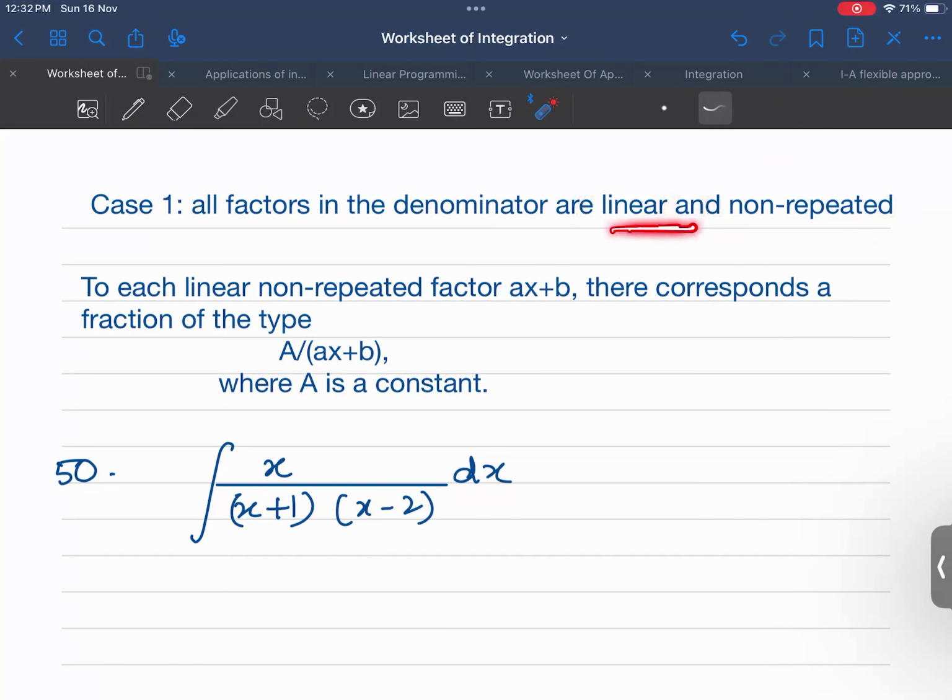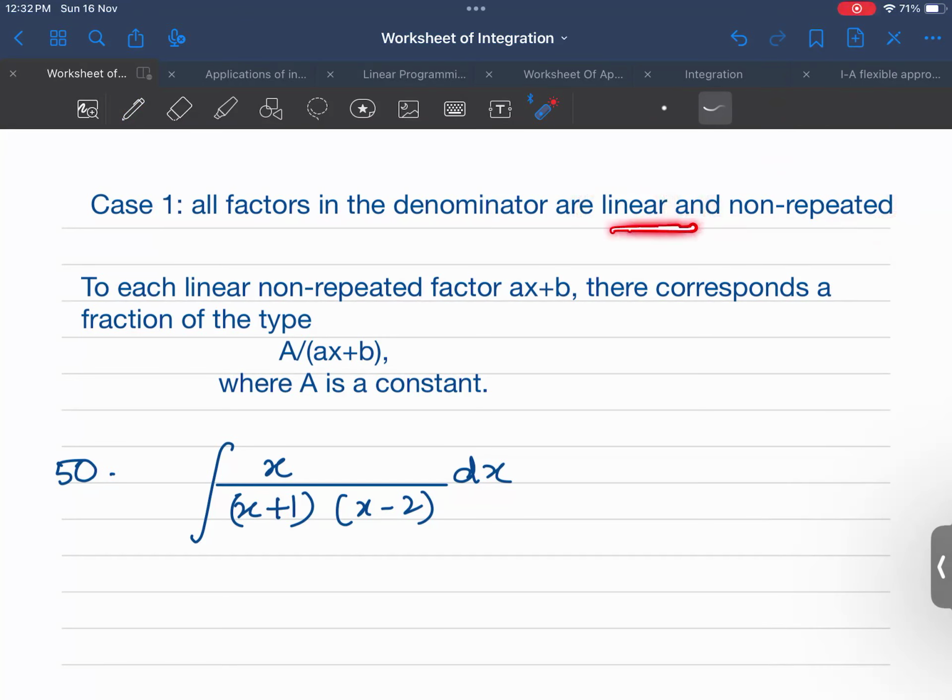I think it's clear. Now, if x equals minus 1, then minus 1 equals A(minus 1 minus 2) plus B(minus 1 plus 1). Over here, the B term would be 0, and we can easily get the value of A as 1 upon 3. Now we can write x upon (x plus 1)(x minus 2) equals 1 upon 3 upon x plus 1 plus 2 upon 3 upon x minus 2.